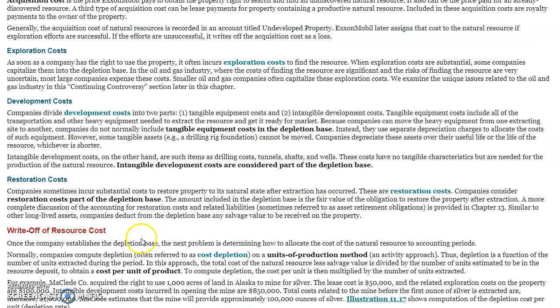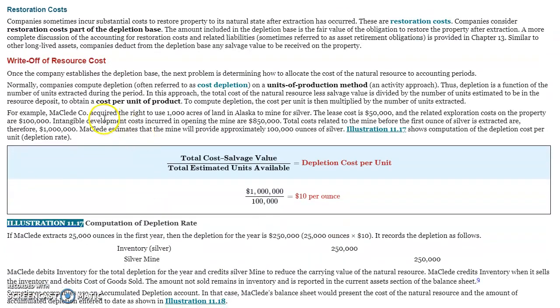Now, when we get to our depletion, notice here that there is a formula that we're going to use for depletion. So essentially we take our total cost, we deduct out the salvage value, and we divide that by estimated units that we believe we're going to be able to take out of there. So if it is in, say, here they're doing ounces of silver, then we're going to divide that total, essentially, depletable base, I guess we could call it, very similar to our depreciable base.